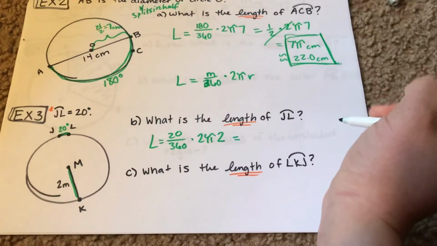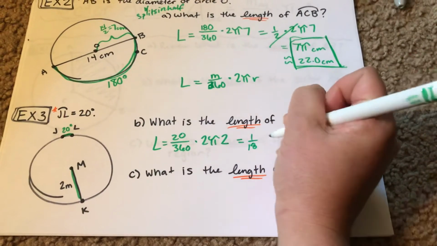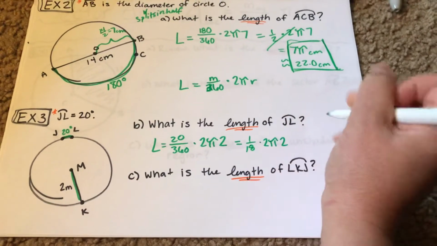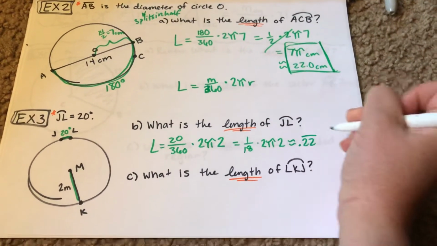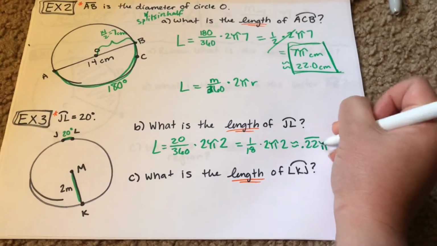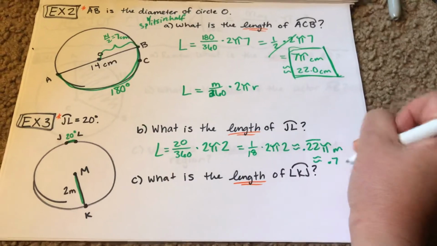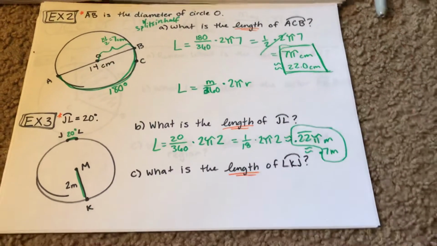So this is going to come out to 1 over 18 times 2 pi 2, which comes out to, actually this is a really not nice fraction, 0.22 repeated pi meters, or it's the same thing as 0.7 meters when you type it all in. Either of those will be nice.